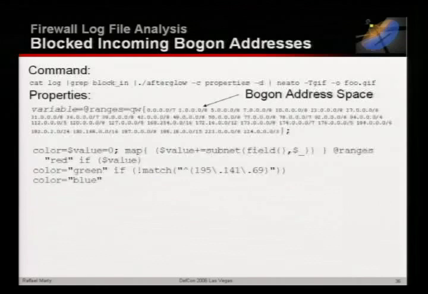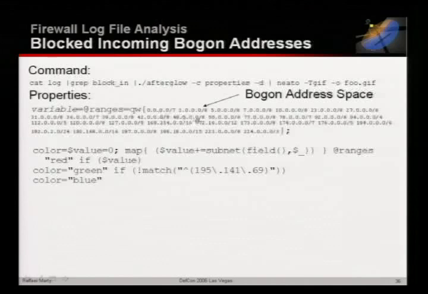Then, for my color assignment, it gets a little complicated. Basically what I want to do is, for every value I get, every IP address, I want to check against the array and see whether it's in any of those subnets specified. You basically start with the subnet assignment here. So you check if the field is in the subnet that we're looking at right now. It runs through all the entries in the array, and the array range is up here.